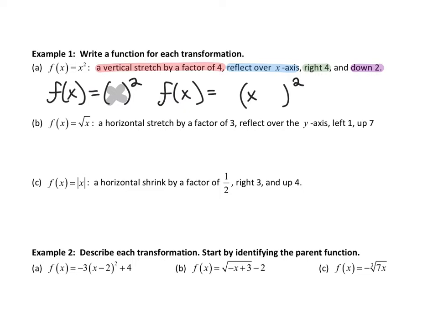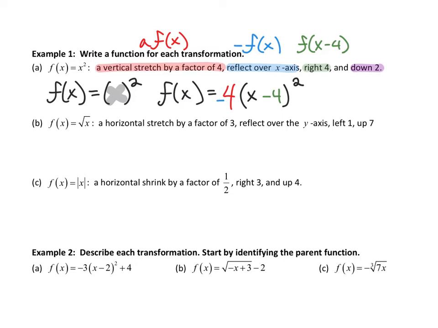If I want to vertically stretch this by a factor of 4, vertical stretch by its formula means I'm multiplying a number in front of the function. That number is 4. I'm multiplying it in front of the function. By its formula, a reflection over the x-axis means that I'm multiplying a negative 1 in front of the formula. Done. By its formula, moving to the right 4 means that inside the function I'm going to subtract 4.